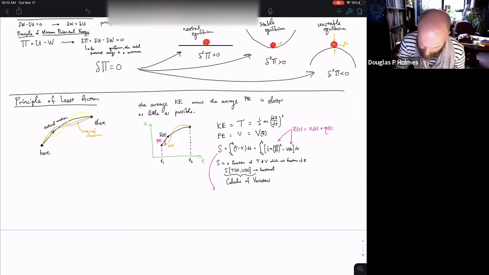I'm going to say, okay, my new S is equal to the integral from t1 to t2 of m over 2 times dx bar over dt plus d eta dt, squared, minus v of x plus eta.